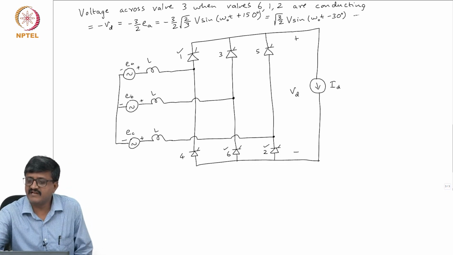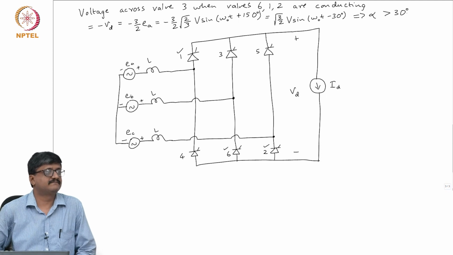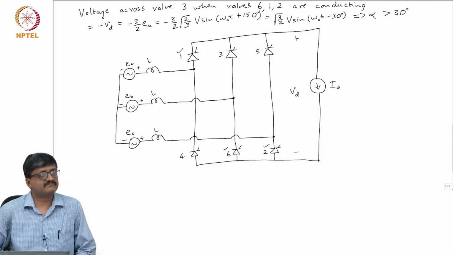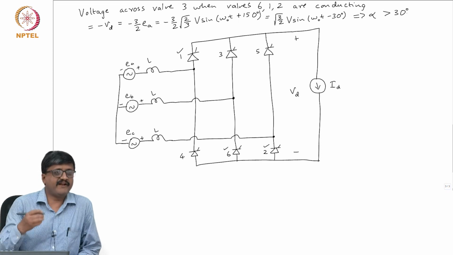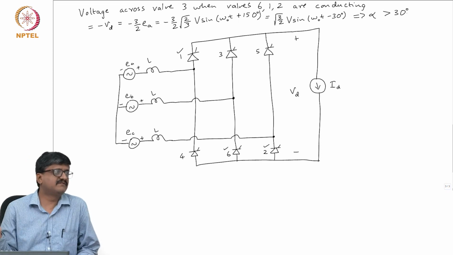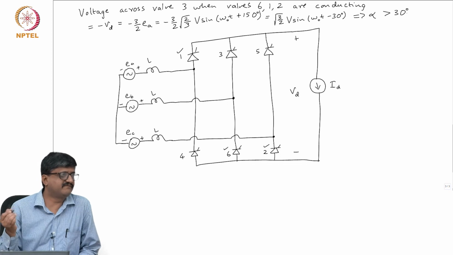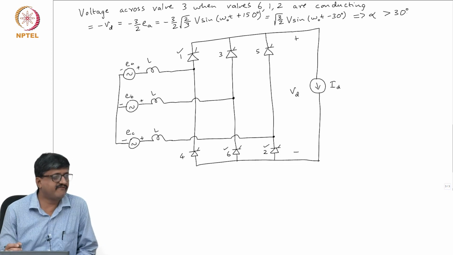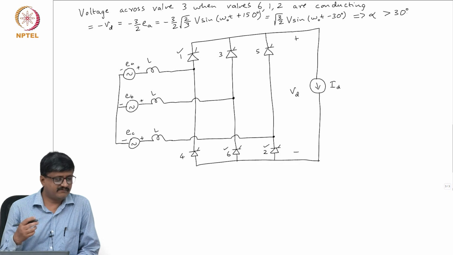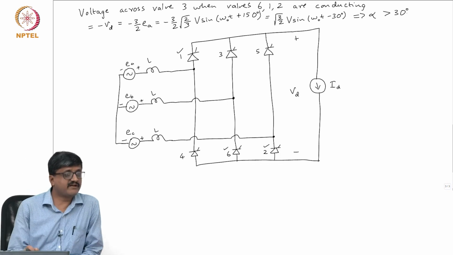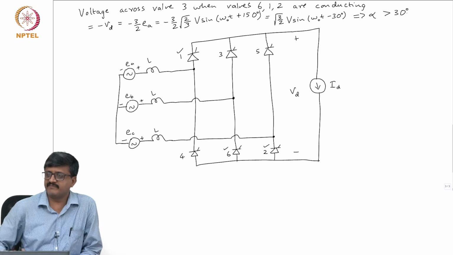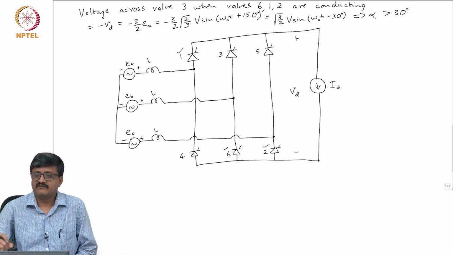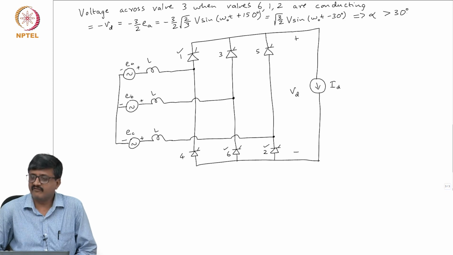So, this actually implies alpha should be greater than 30 degrees. See, there is no point in turning on a valve when it is not forward biased. If it is reverse biased, it won't turn on. So, if you want to turn on a valve and allow it to conduct current, then it should be forward biased. So, it will be forward biased only when omega OT is greater than 30. So, alpha should be greater than 30.